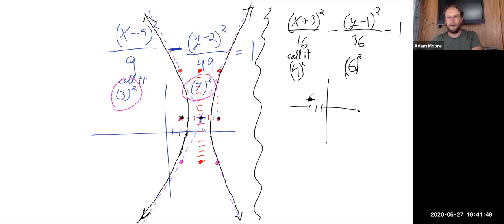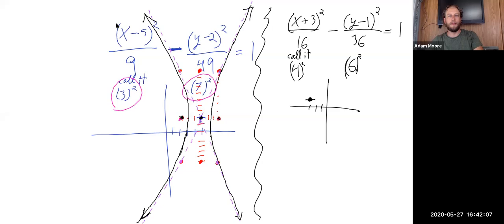Okay, so then Alex had taken us through 4 squared and 6 squared. So we're like, okay, I know where to go there.